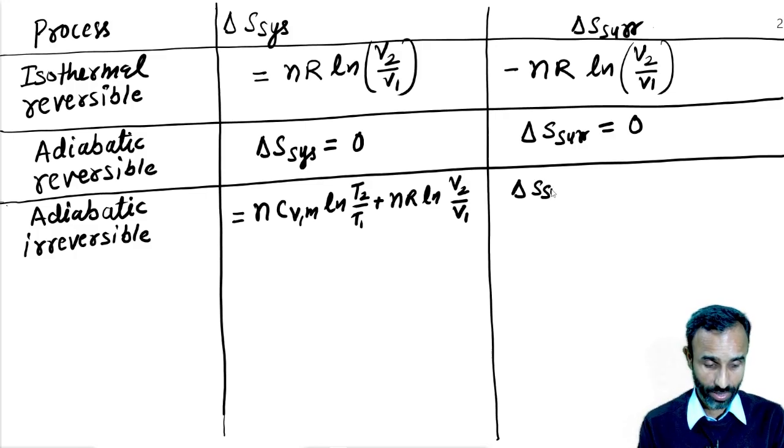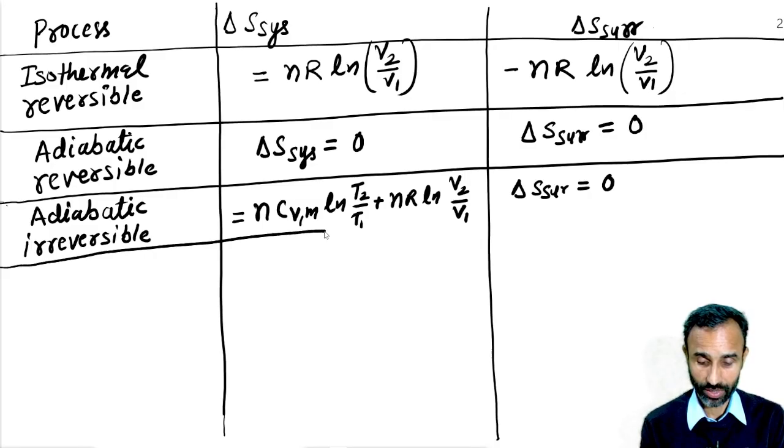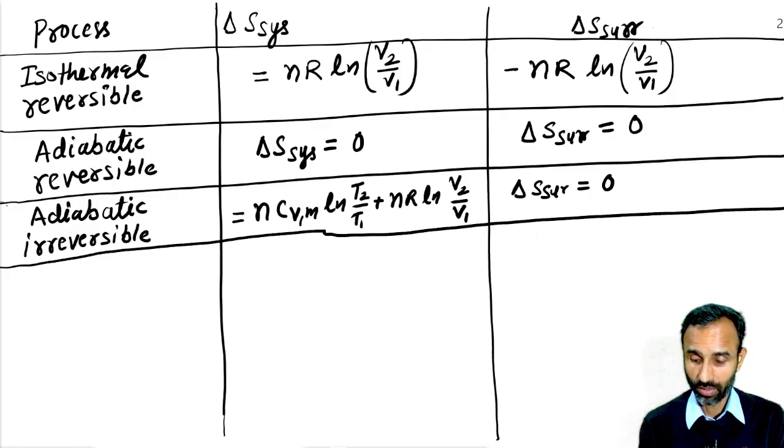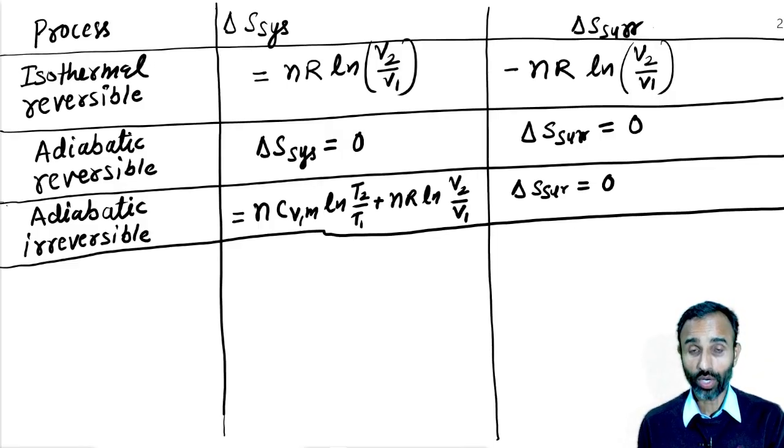And delta S surrounding is 0 because it is adiabatic, it is not absorbed or evolved. Only, because it is an irreversible change, there is a change in volume and a change in temperature.